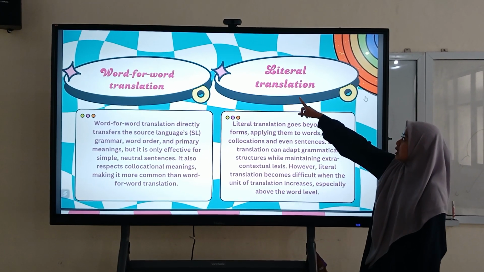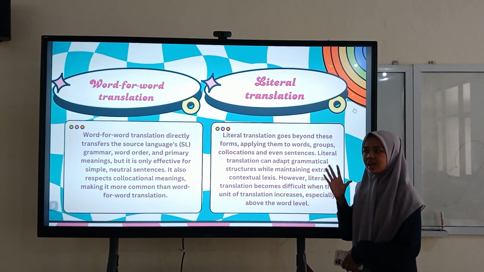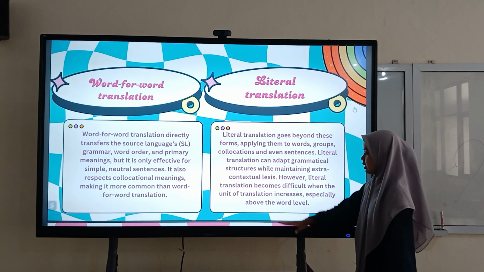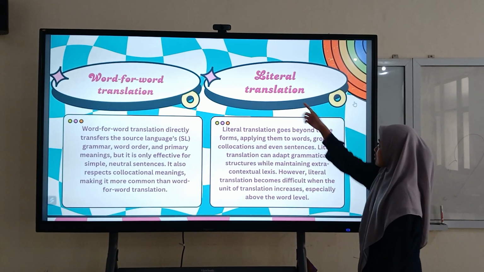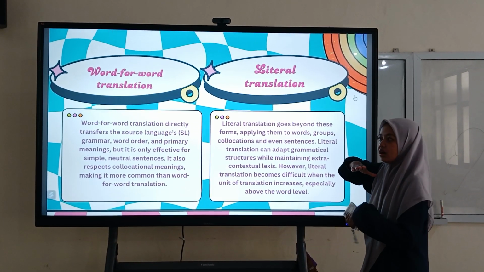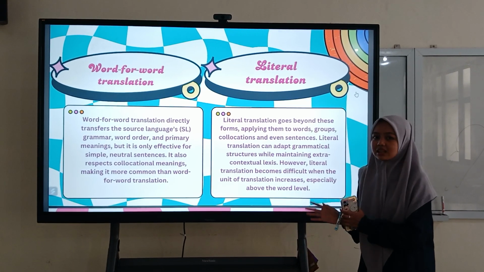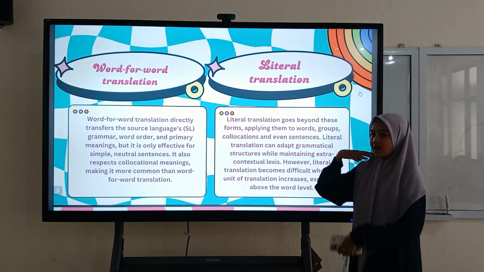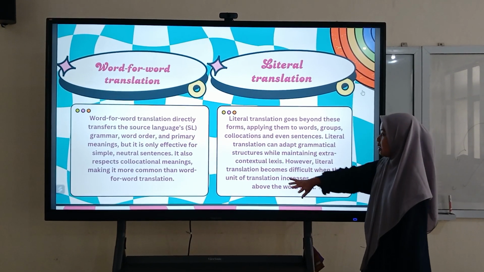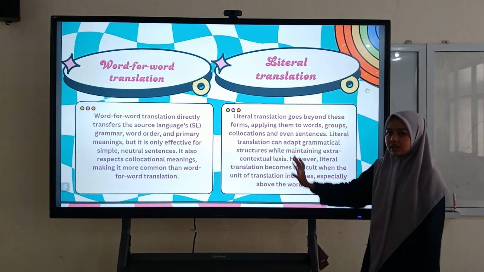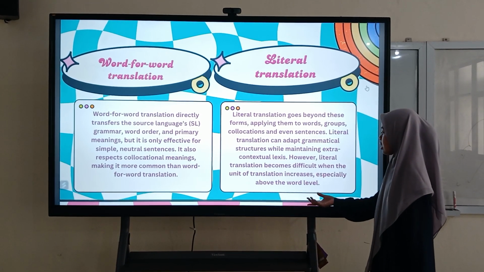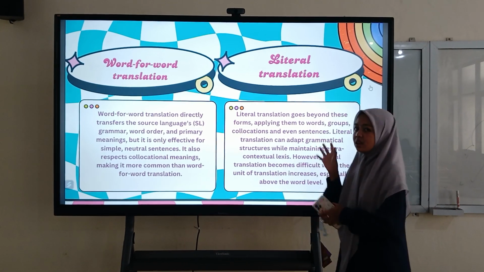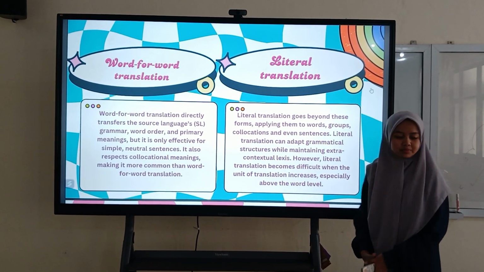Meaning that literal translation will be more complicated and difficult to use if the sentence that we translate is more complicated in structure, because in literal translation we must include the grammatical and all structure in the sentence.